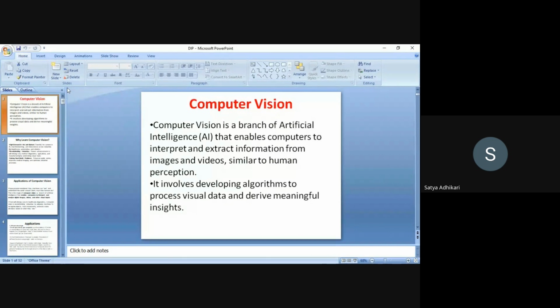That is, when we humans view an image, we extract some information from it. Suppose we see an image of an elephant.